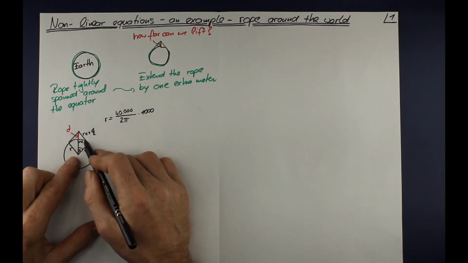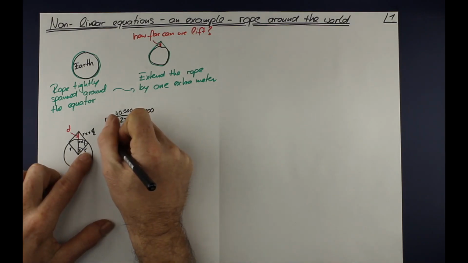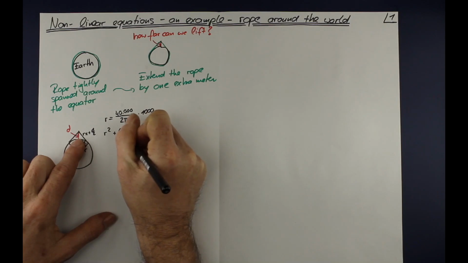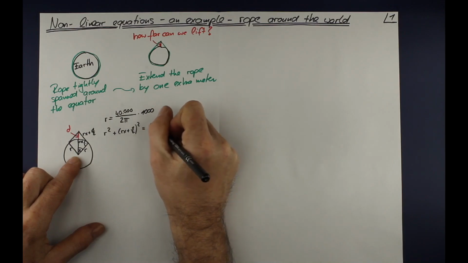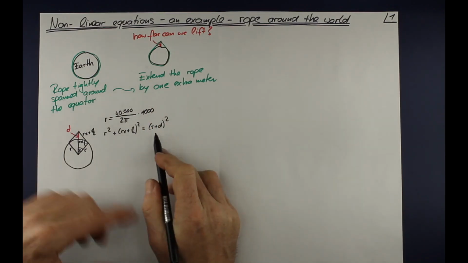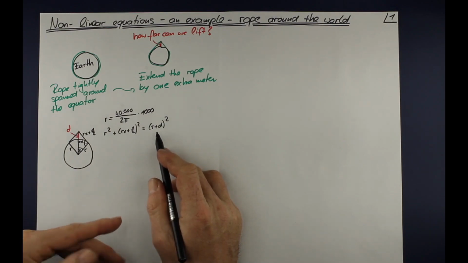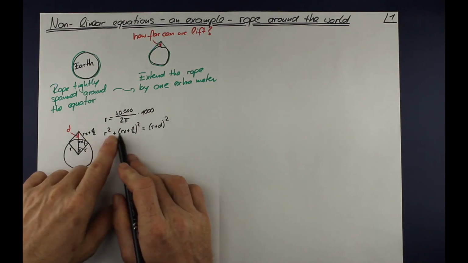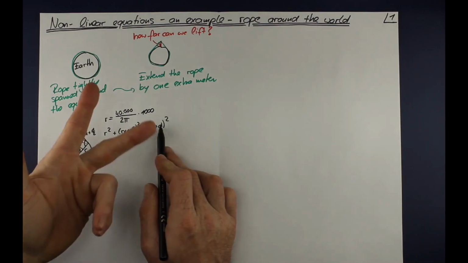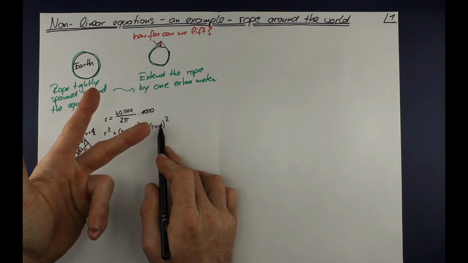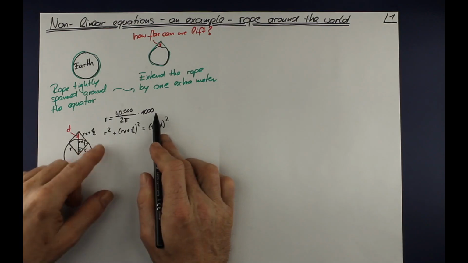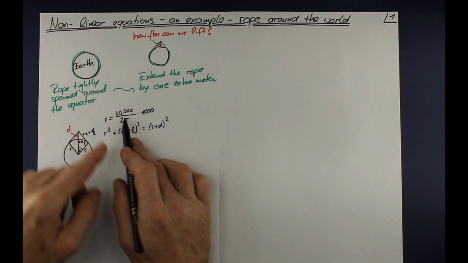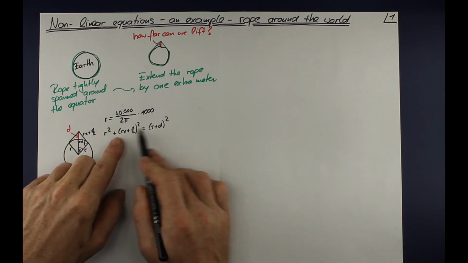A triangle, in here an angle of 90 degrees, and that means this one squared plus this one squared is equal to this one squared, and this one is r plus d, and so we have that equation.